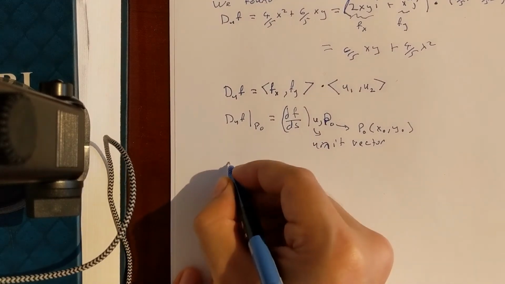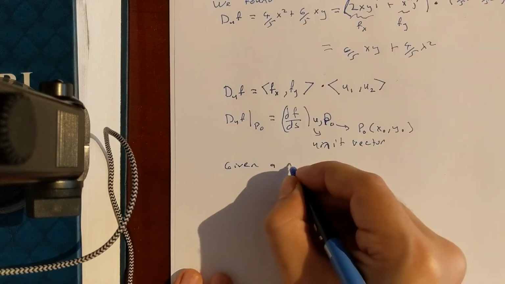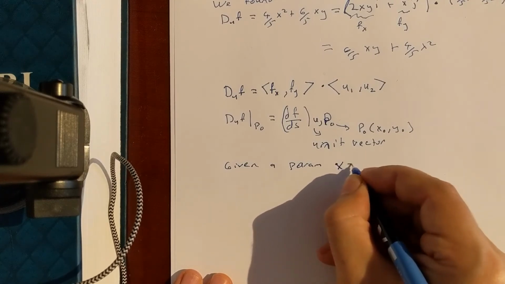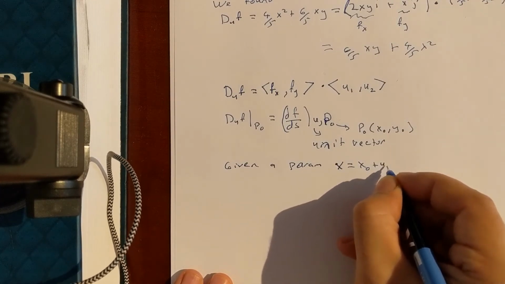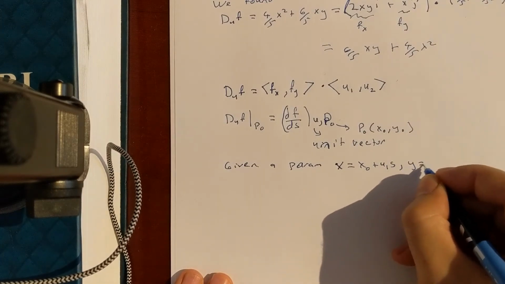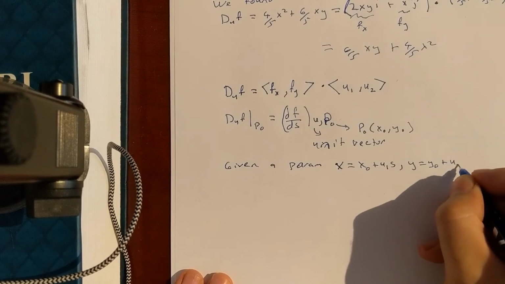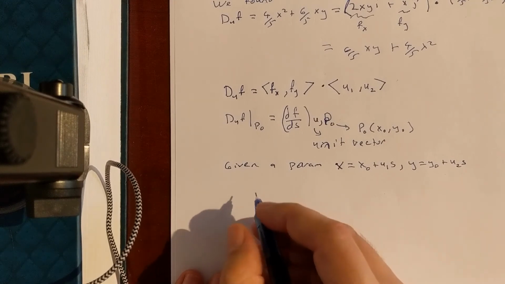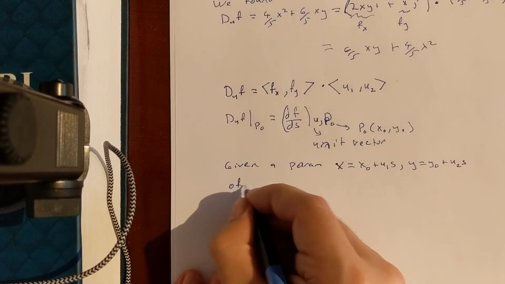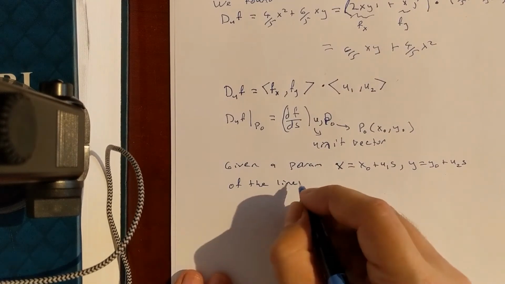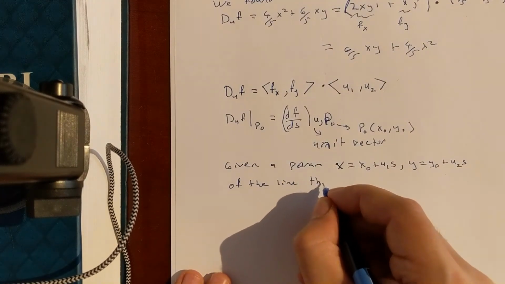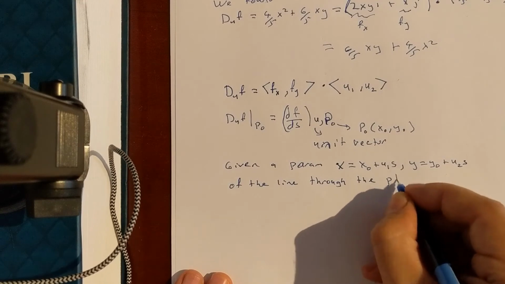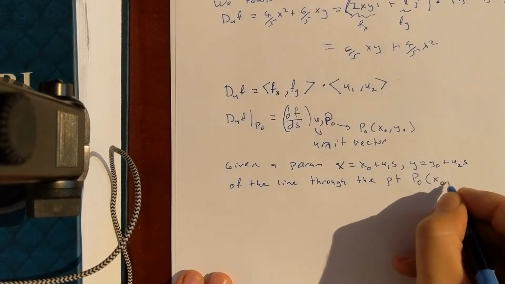Given a parameterization, what's going to be our parameterization? x equals x naught plus u1 s, y equals y naught plus u2 s, of the line through the point P naught, with coordinates x naught, y naught.